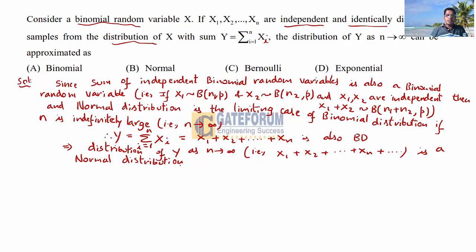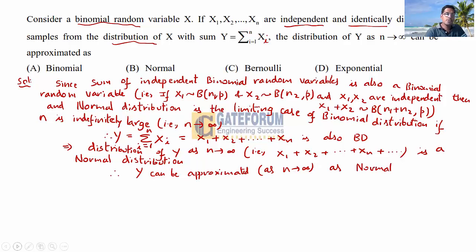Okay, so that means therefore Y can be approximated as n tends to infinity as normal.